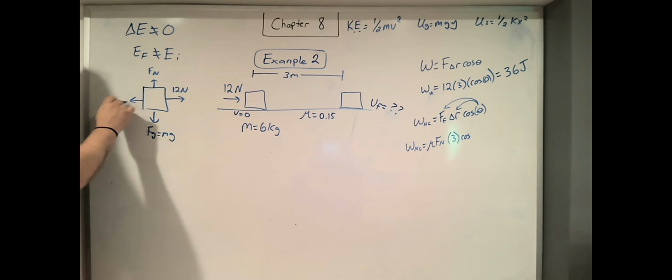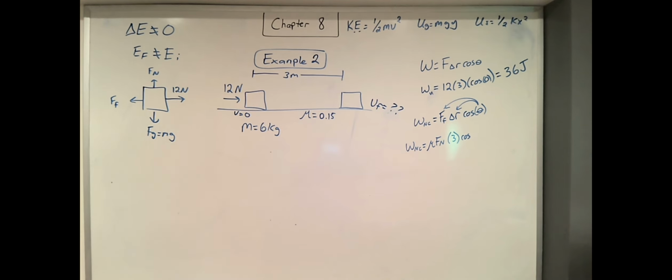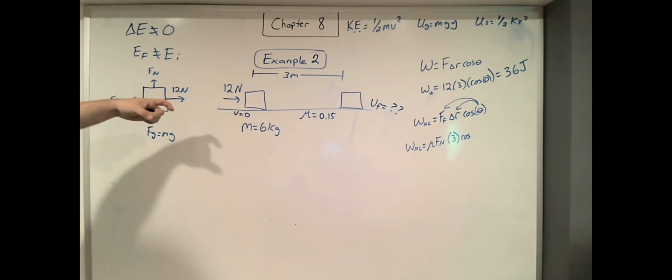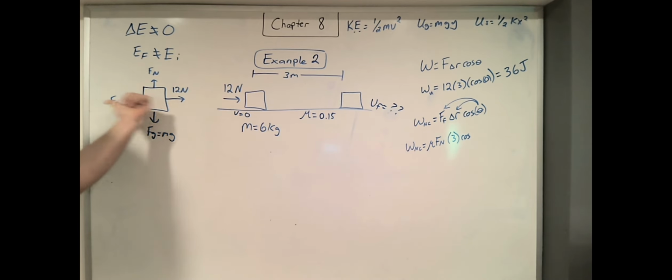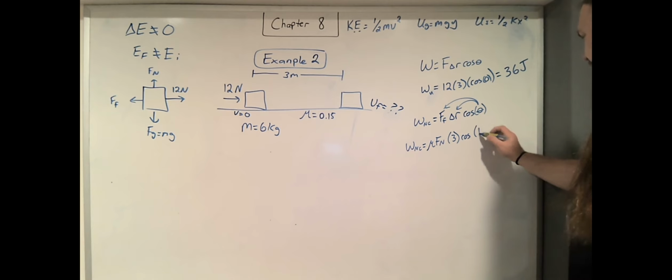And friction always works against the direction of travel. So it goes in the opposite direction. So the friction force is pointed to the left, right? The box is moving to the right. One is to the left, one is to the right. What then is the angle? It's 180 degrees.